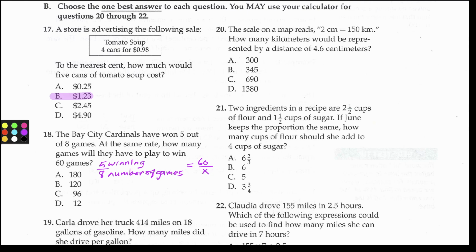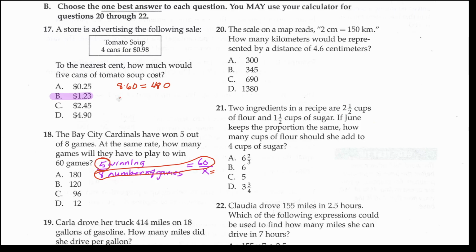How do we solve for this missing x here? What we need to do is multiply the 8 times the 60. Okay, let's do that number here. What is 8 times 60? So write 480 here. And then divide that number by 5.